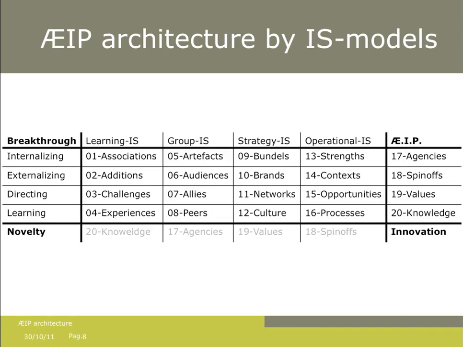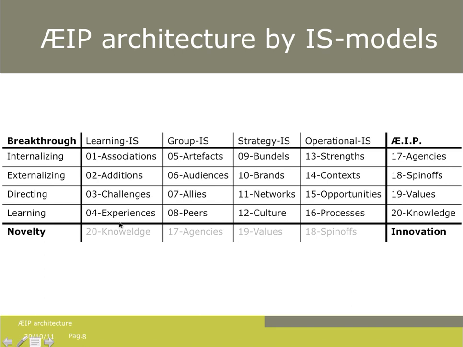Now, the first two models, the learning information system and the group information system, are based on other literature that we discovered that actually already had a novelty model. What we did to try to create an agile enterprise innovation planning architecture is trying to figure out what we need more for breakthrough innovations. And basically what you see is that you always need a type of control element to see what you create.